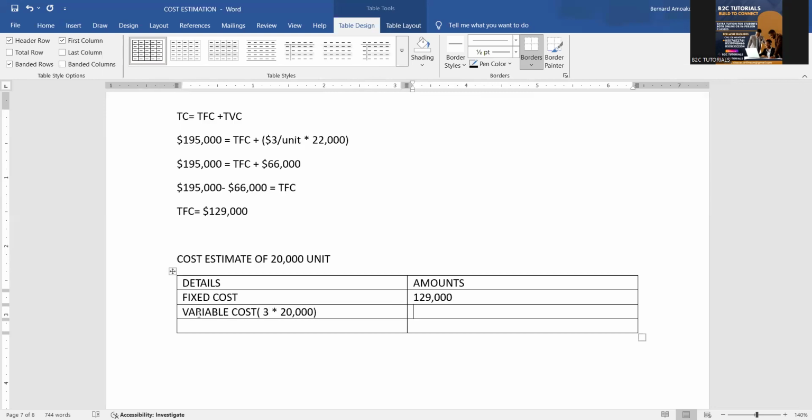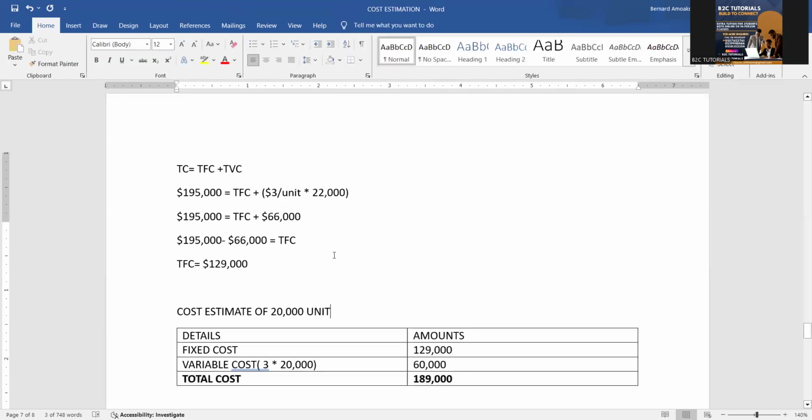So here we would have 60,000 for the variable cost. Hence, our total cost for the month for the 20,000 units will be the addition of the variable plus the fixed. So we would have 189,000. That is the full cost here.